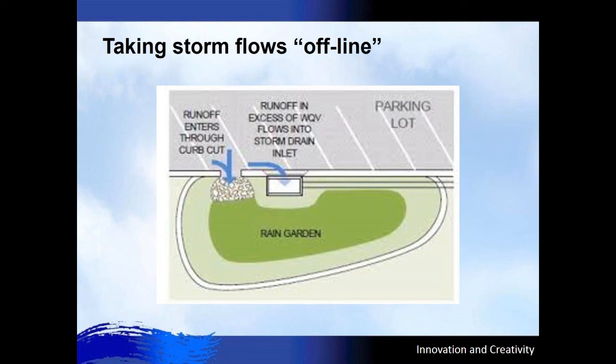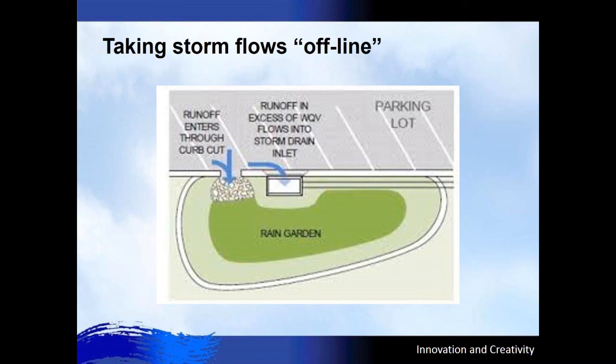If you're not familiar with offlining, in this diagram, you have the back of curb, the gutter there, and you have a flow coming from the left to the right, and as rainwater fills up the rain garden, it goes into the rain garden, and then if the rain garden is full, the flow continues into the drain inlet.